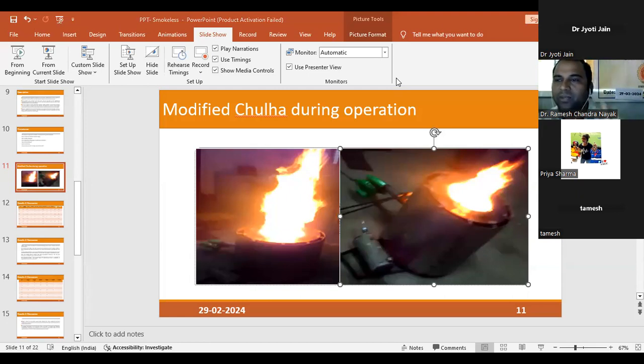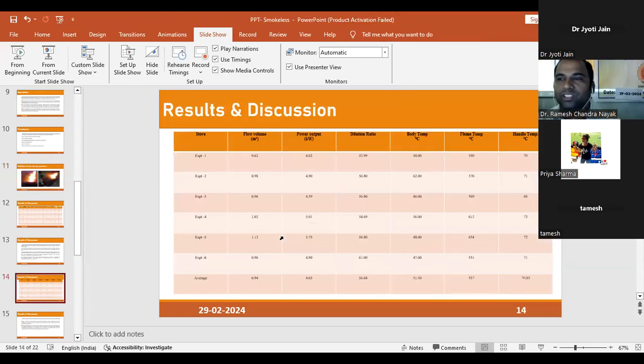And whatever the question you asked, sir, regarding carbon monoxide and carbon dioxide, the concept behind it is that we are using the secondary fuel as superheated steam. The conversion goes from water to saturated water, then wet steam, saturated steam, and then superheated steam.